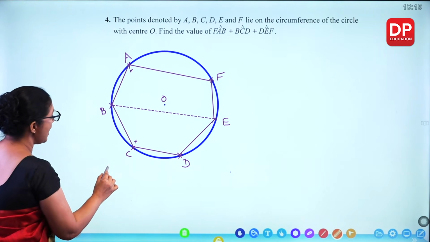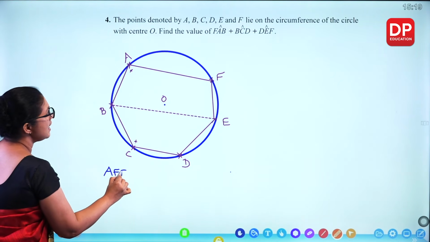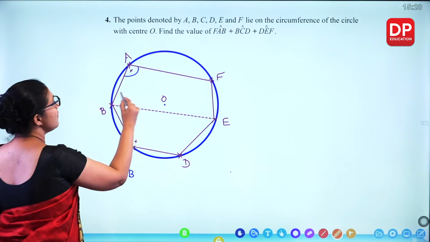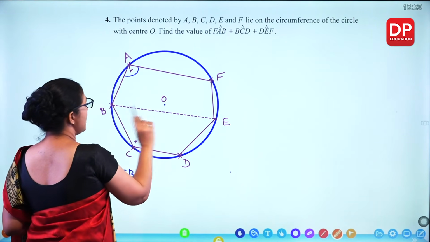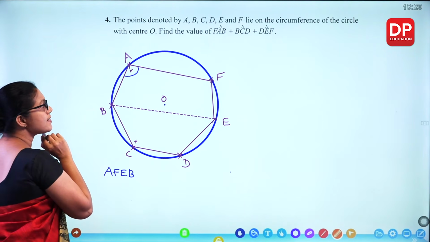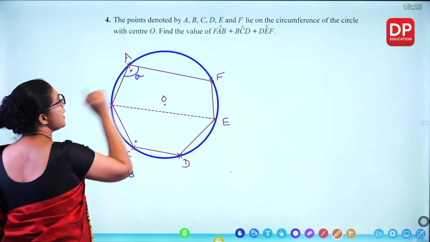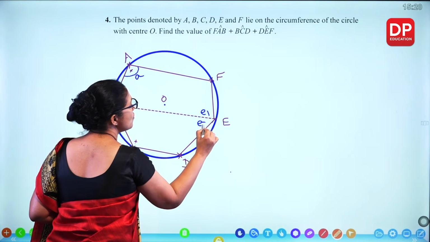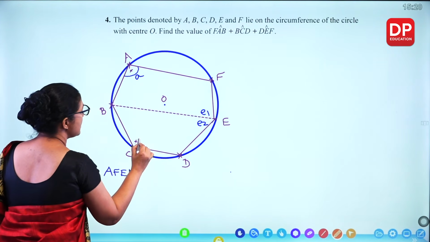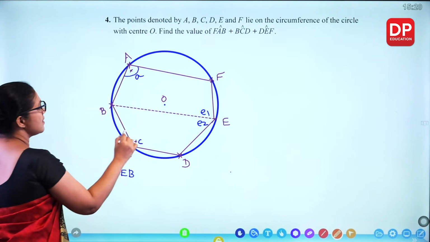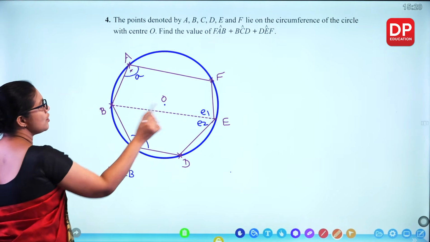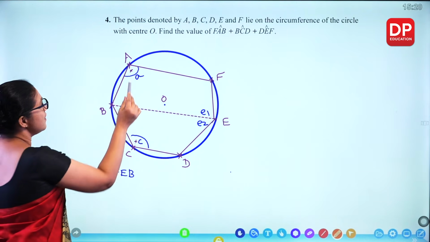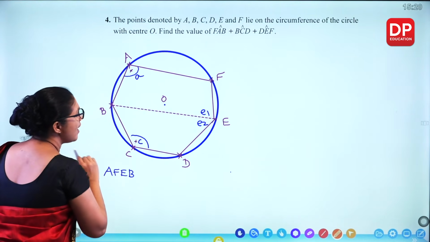In this AFEB cyclic quadrilateral, I'll put this one A, this is E1, E2, this is C, because we need to find out the relationship between that. So what's the relationship between A and E1?